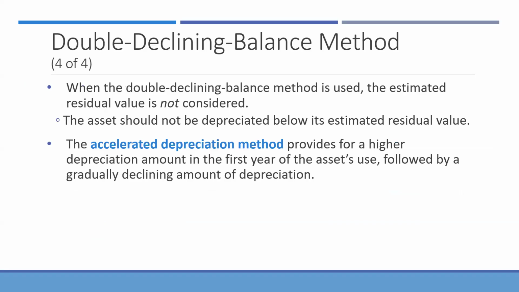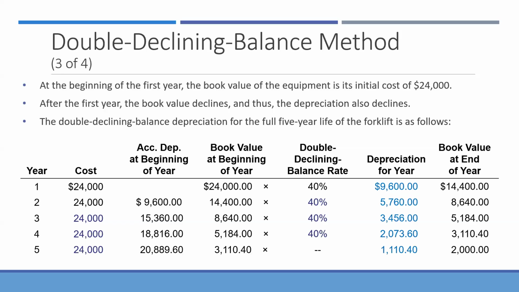Yeah. So once again, it's an accelerated depreciation method to account for a higher amount of the depreciation in the first year of the asset's use. And if we were placing this asset into use mid-year, for this first year, say that we placed it into use on July 1st, we would divide this amount by 2 because it was only half the year.